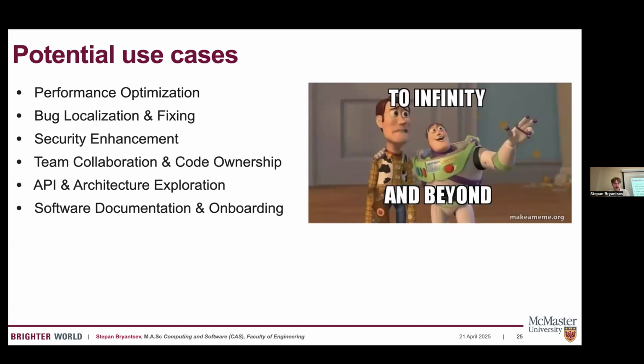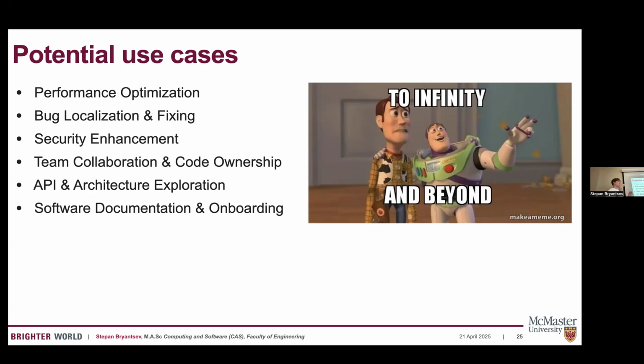So here is a list of potential use cases from our understanding. We can apply the SST to solve performance optimization, bug localization and fixing, security enhancement, team collaboration and code ownership, API and architecture exploration, and software documentation and onboarding.